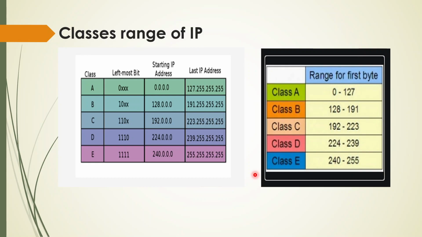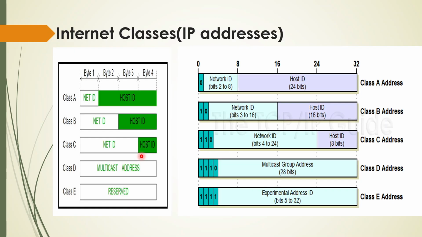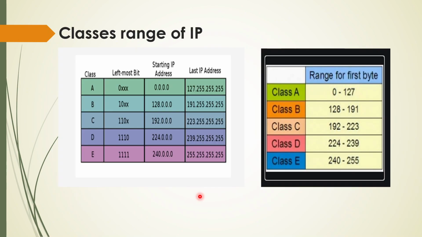For class A we have 0, for class B 10, for class C 110, for class D 1110 and for class E 1111, as I have explained. So the range 0 to 127 can be written as 000 to 255, a concept I will explain later.